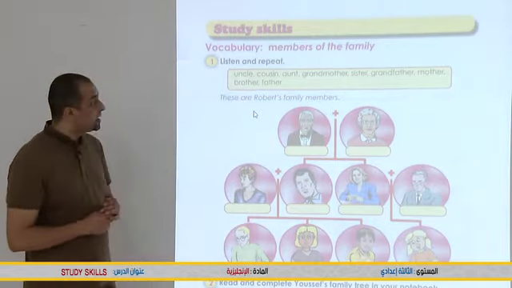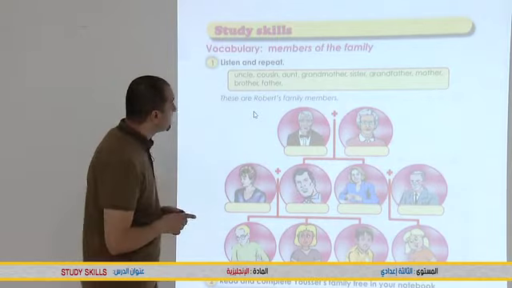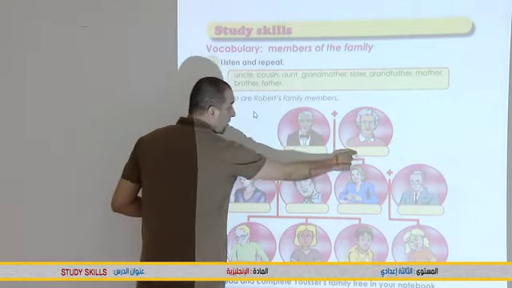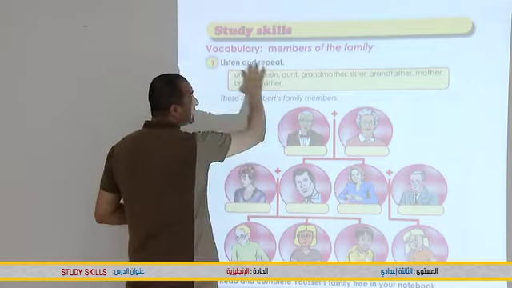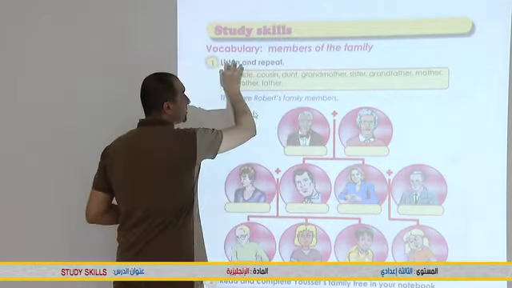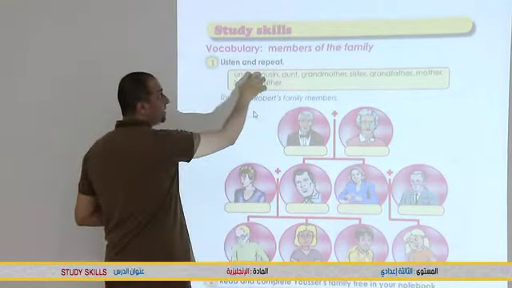Now, as you can see here on this page, some pictures or photos of Robert's family members. So here is Robert. He says "me," referring to himself, and these are the photos of his family members, and you are going to complete them with these words in this box.